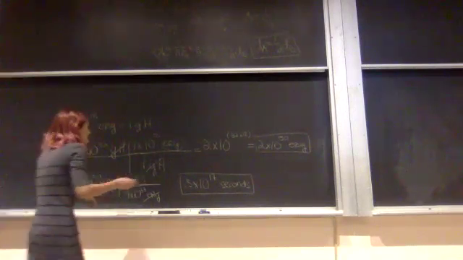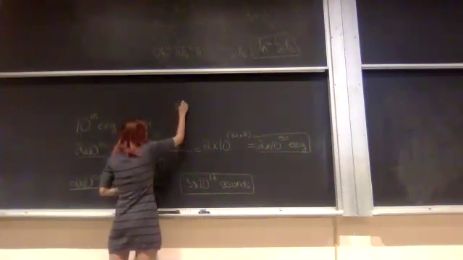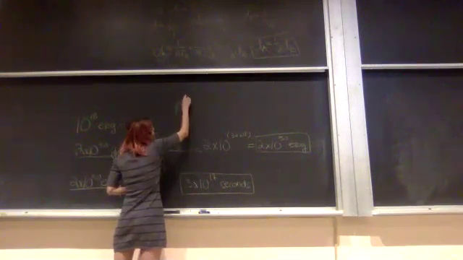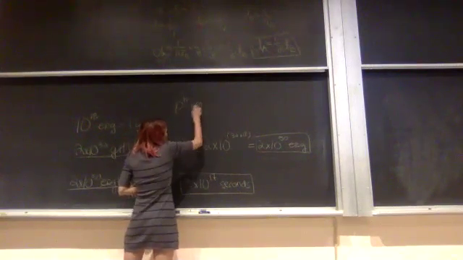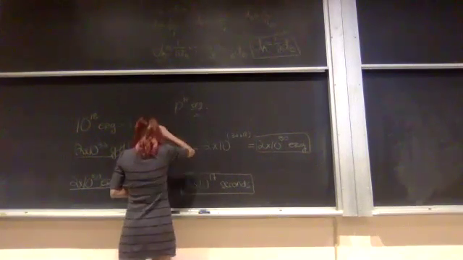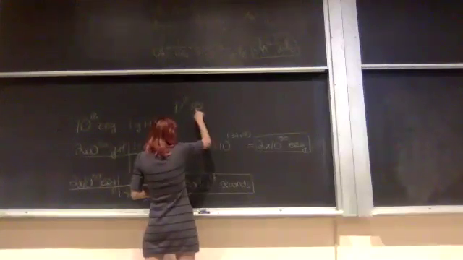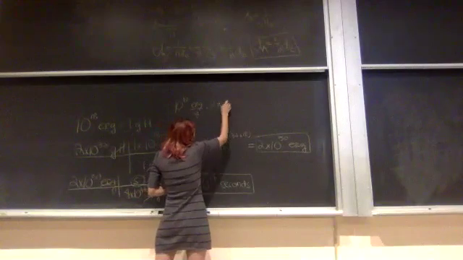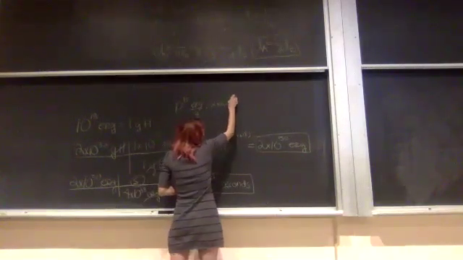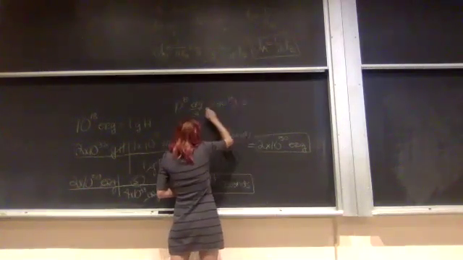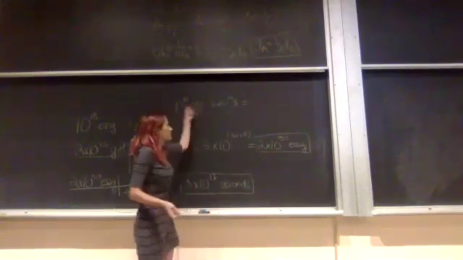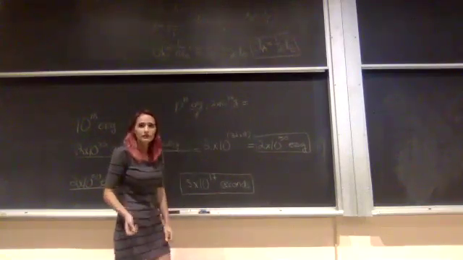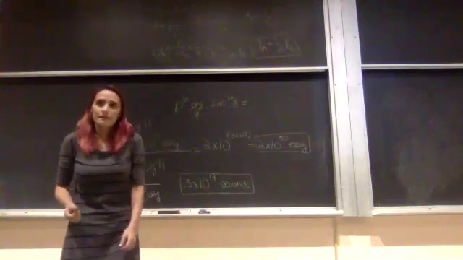I mean, you could just set this up, you know, 10 to the 18 ergs per gram times 2 times 10 to the 32 grams equals, do that multiplication. That's totally fine. Yep.